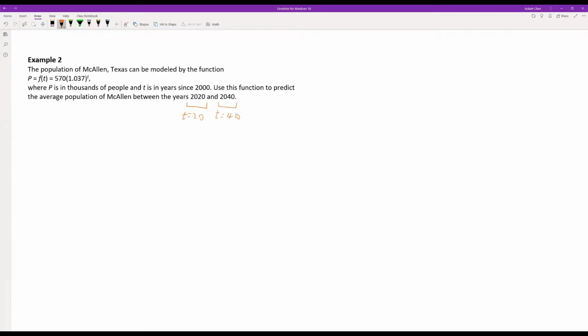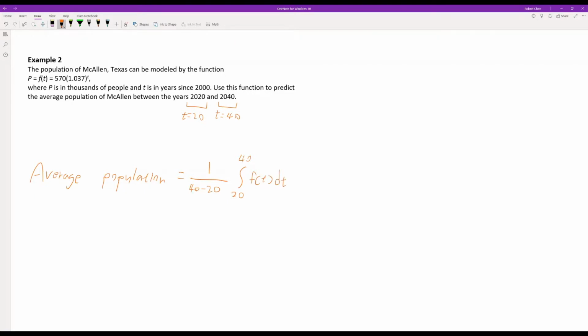If we want to find an average population, all we need to do is first do 1 over 40 minus 20 to find the average, and then multiply that by the integral from 20 to 40 of f of t, the population model, dt.